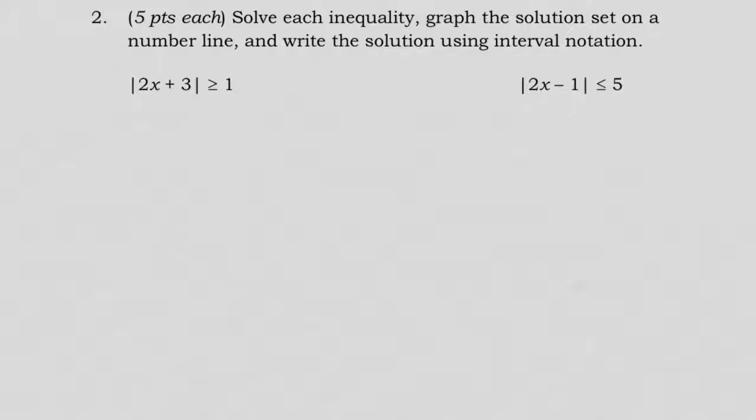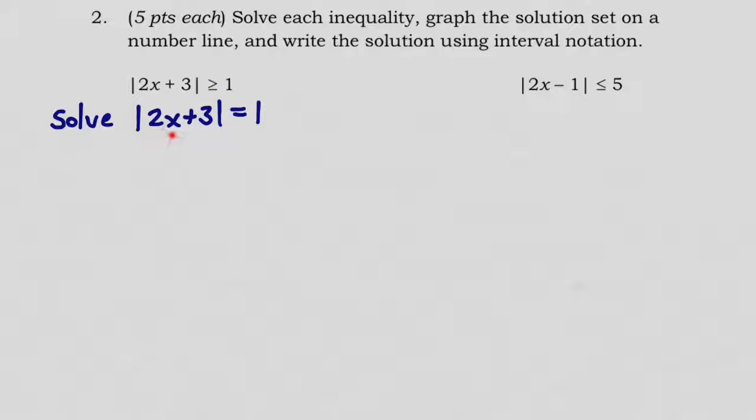There are several approaches we can take to solve absolute value inequalities. The method I'd like to describe in this video starts by solving the related equation. So we can solve the absolute value of 2x plus 3 equals 1, and then use that to describe solutions to the problem that we have: the absolute value of 2x plus 3 is greater than or equal to 1.